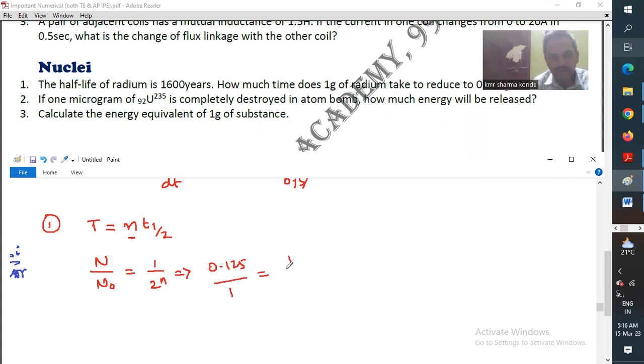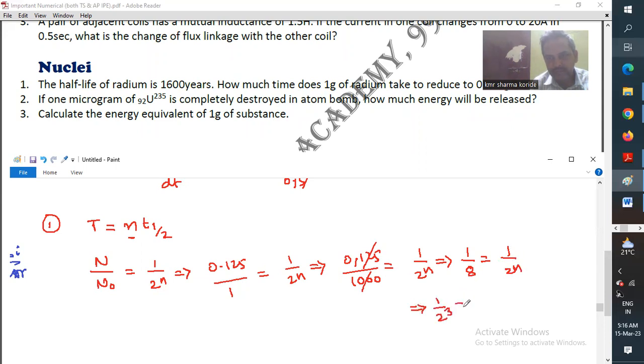This is equal to 1 by 2 to the power of n. So 0.125, if you cancel point, you will get 1000 here, and 125 eight times. So therefore, 1 by 8 is equal to 1 by 2 to the power of n. So this can also be written as 1 by 2 cube is equal to 1 by 2 to the power of n, and n is equal to 3.